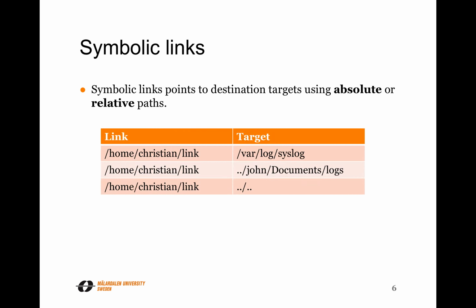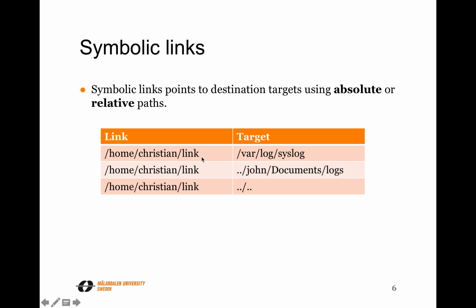So with your file, you have another attribute which is actually the target. So to your link you point to a specific target, and you specify the target with an absolute or a relative path.